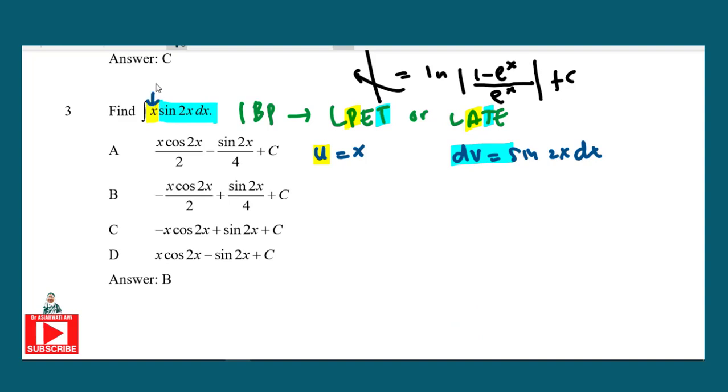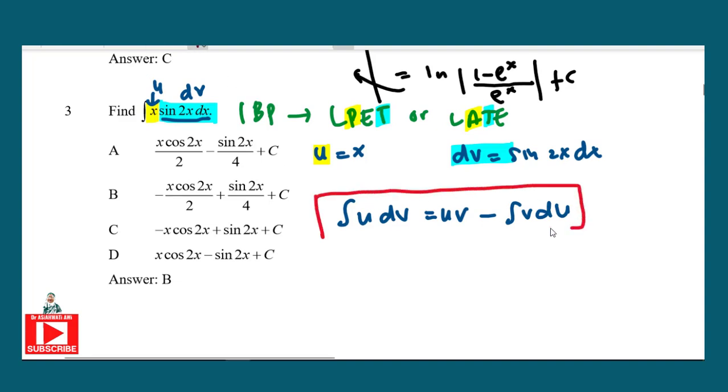This is u. The rest should be dv. Why? Because the formula is integral of u dv equals uv minus integral of v du. This is the formula for integration by parts.